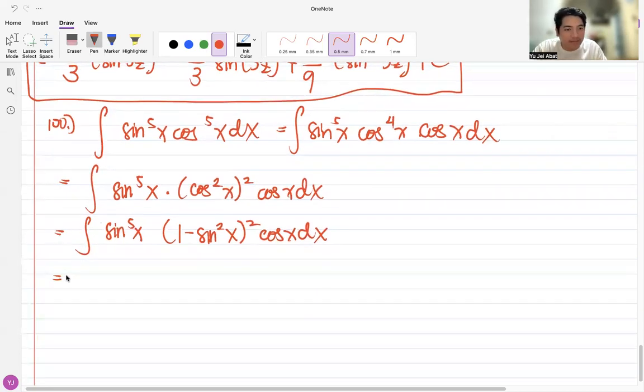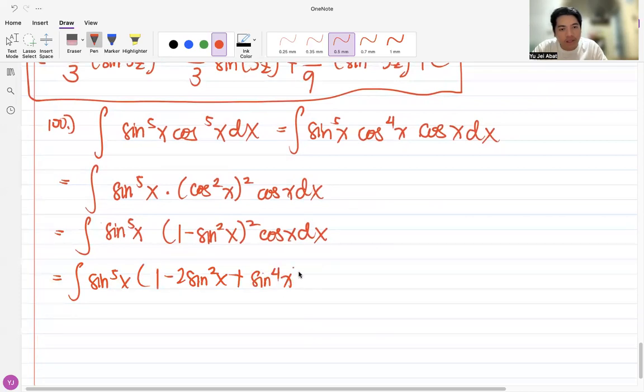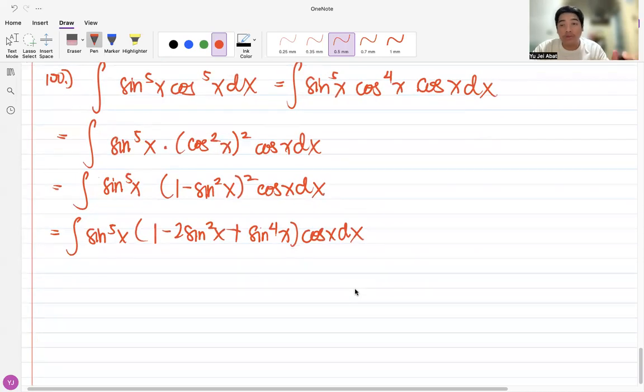Okay, so we're going to expand this one. So we have 1 minus 2 sine squared of x plus sine raised to 4 x cosine of x dx. That's how we are going to do this. Okay, distribute.